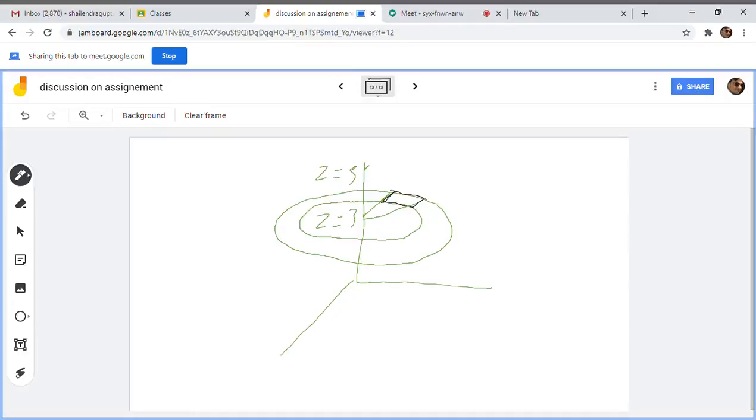Then you need to draw another section. So this is at z equal to 4.5.